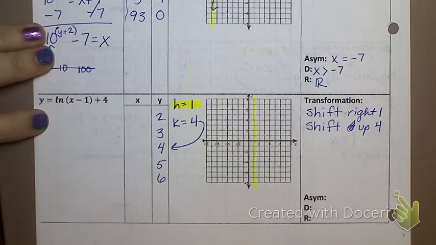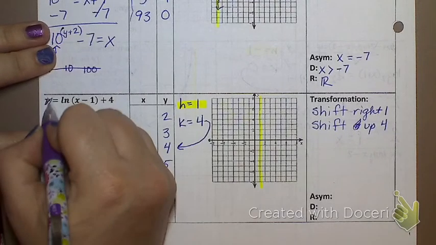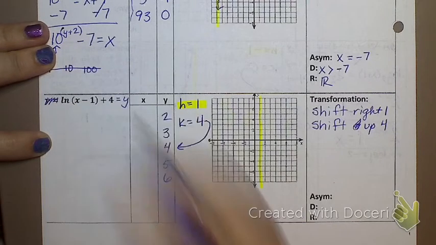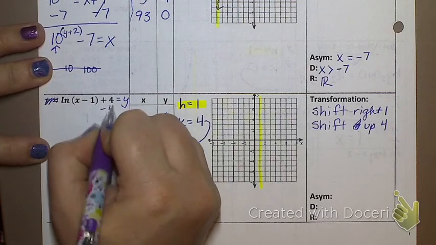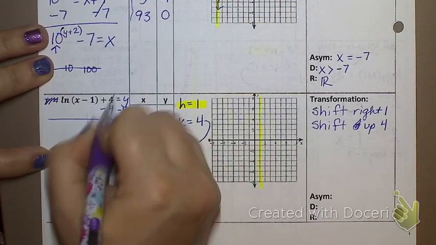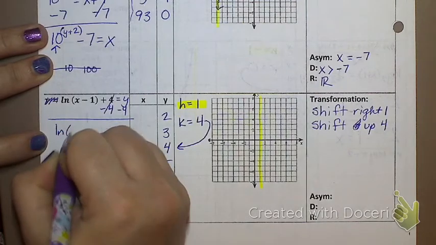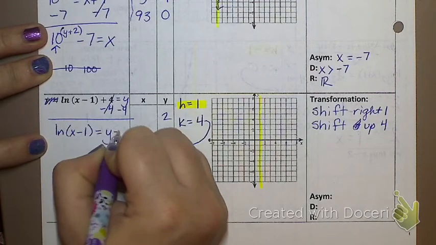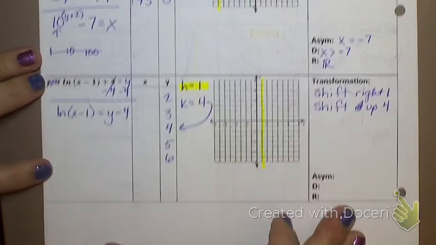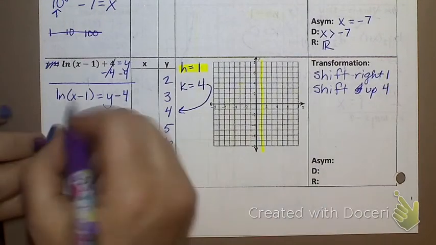I am going to, let's see, I'm going to put my equals y on the other side so that I can start moving things around. I need to start off by subtracting that 4. So the natural log of x minus 1 is equal to y minus 4. Now when I go to exponent form, what is that base?